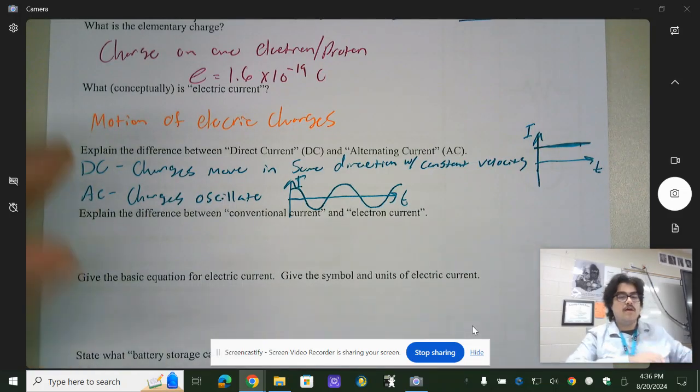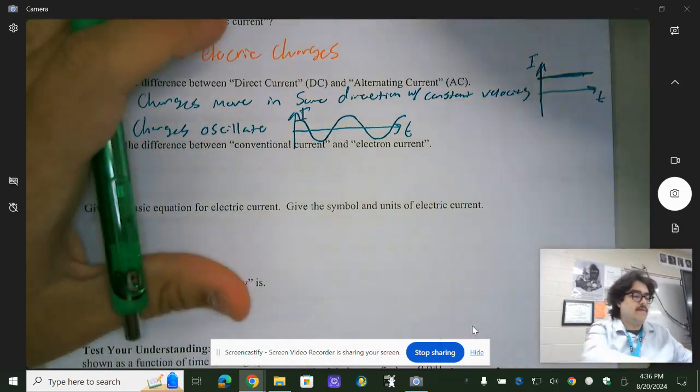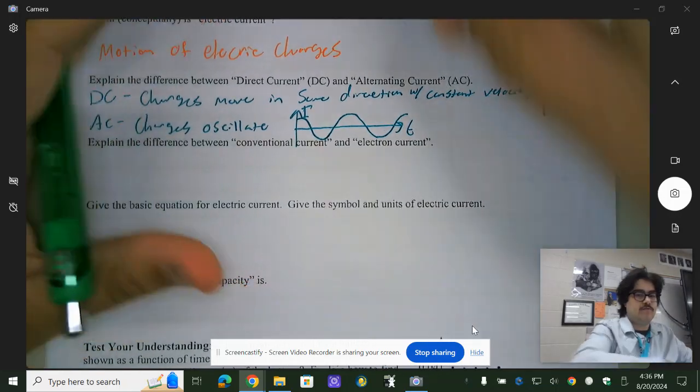There are two types of current, conventional and electron. In this class, we pretty much just look at conventional, but you do need to know what they are.